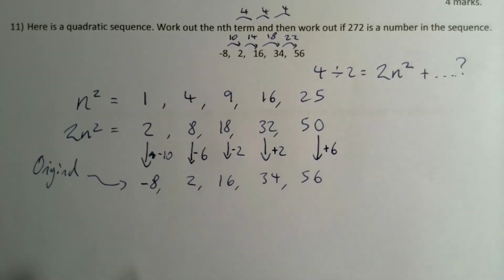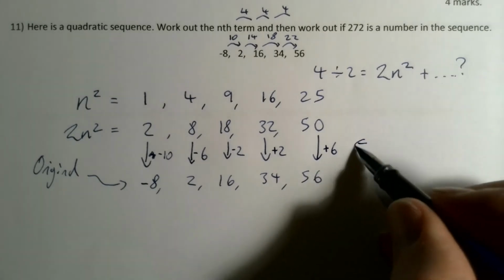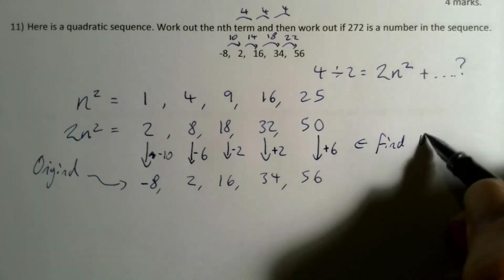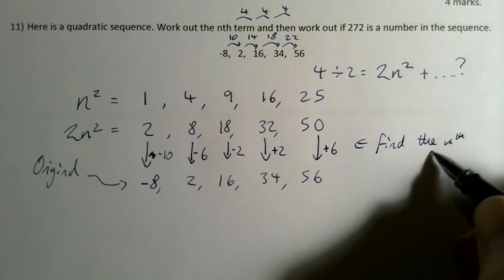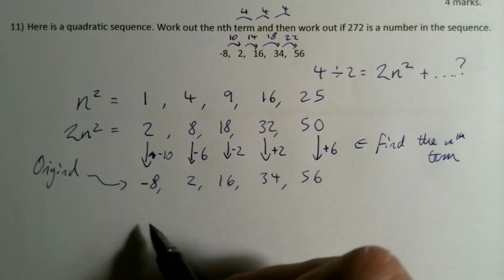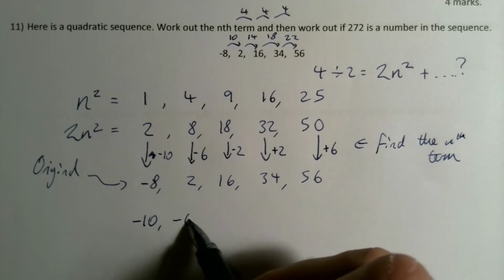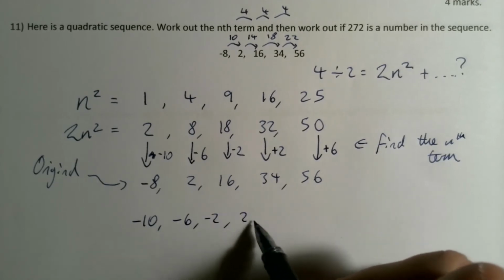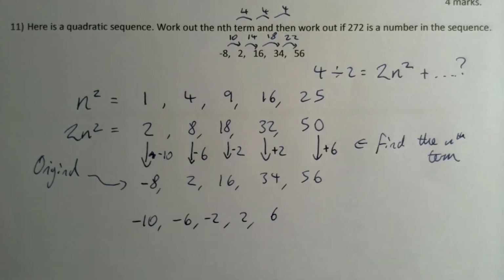So what is going on here? I now need to find the nth term as a linear sequence of these numbers here. So let's look at -10, -6, -2, 2 and 6.